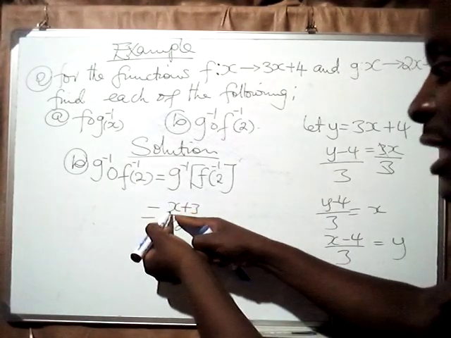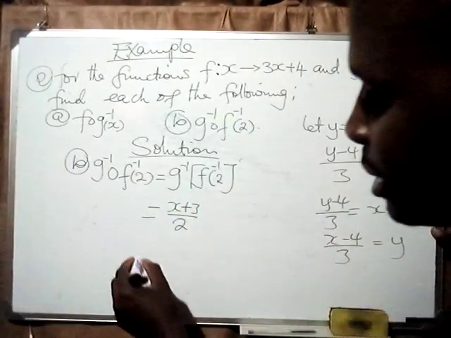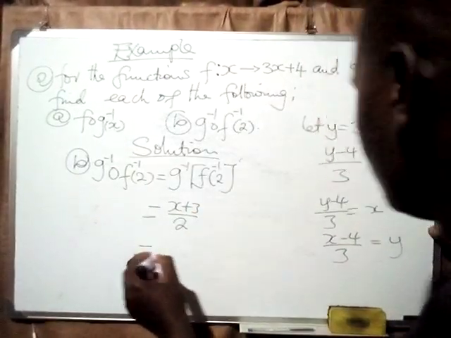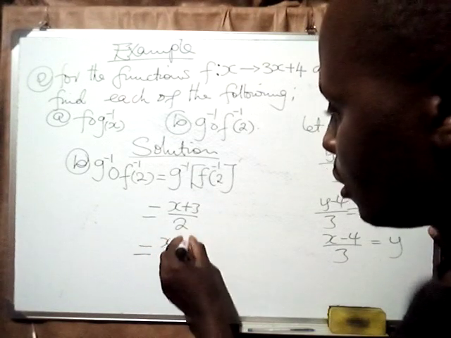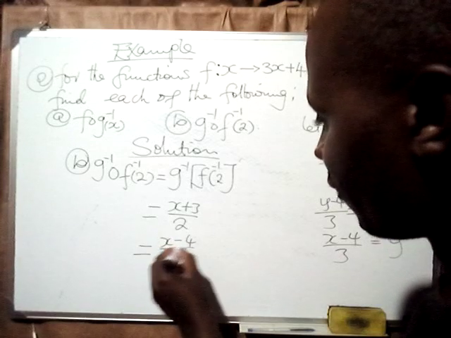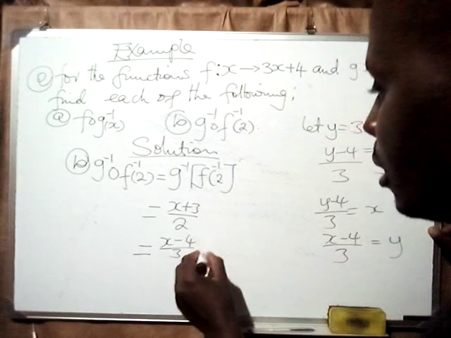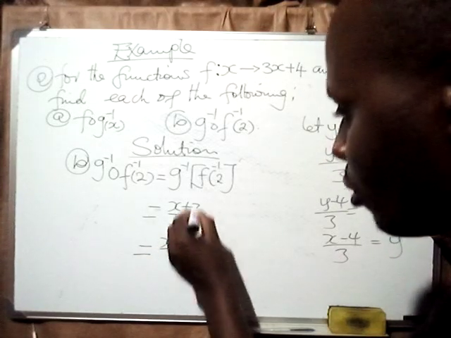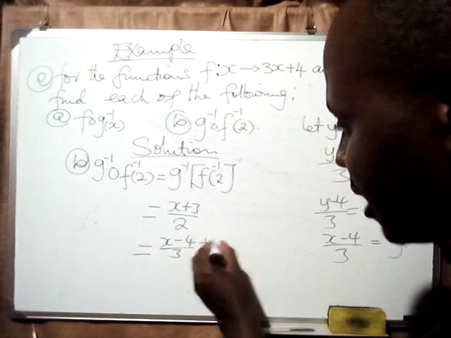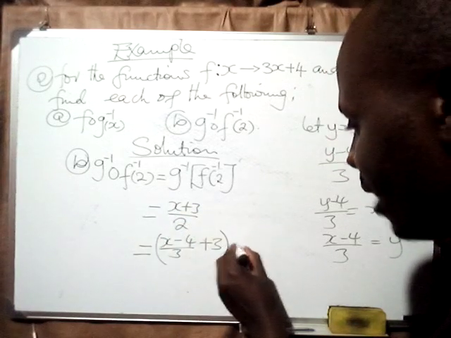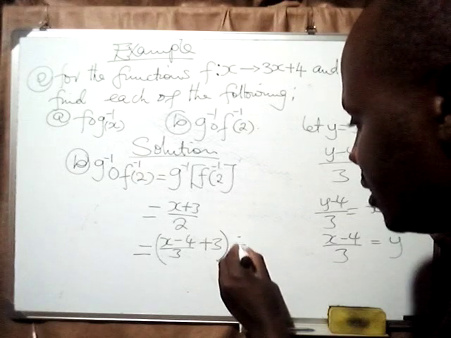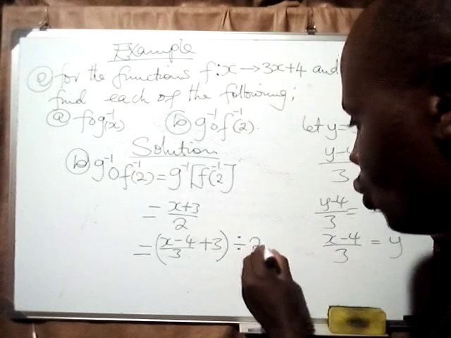So where there is the x, we are going to replace with this. So this one will be (x minus 4) over 3. Then we have, because there's a plus there, plus 3. I'll just do this. Everything in bracket, then we say divided by 2.